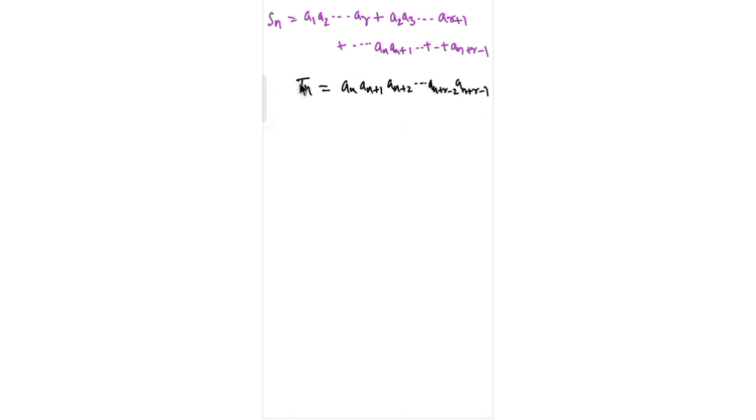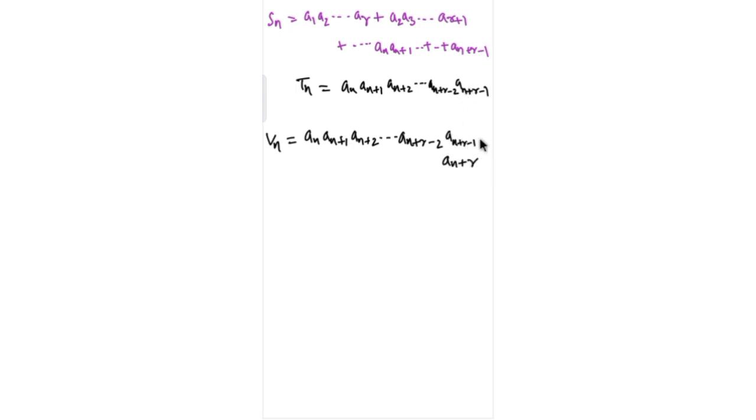Now there is another term that I should define, which is known as Vn. So Vn is defined as an into an plus 1 into an plus 2 so on an plus r minus 2, an plus r minus 1 into an plus r.